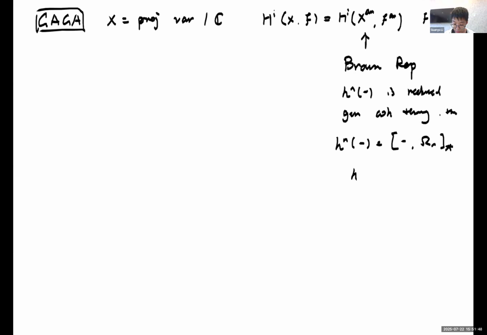And in the case where this generalized cohomology is the Euro cohomology, our spectrum could be taken as the Eilenberg-MacLane spaces.